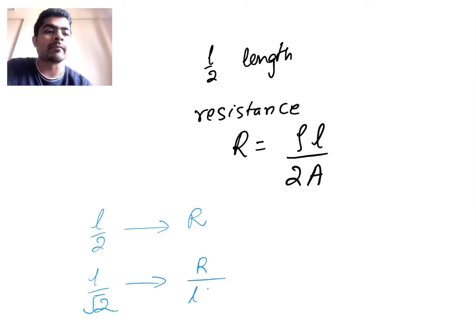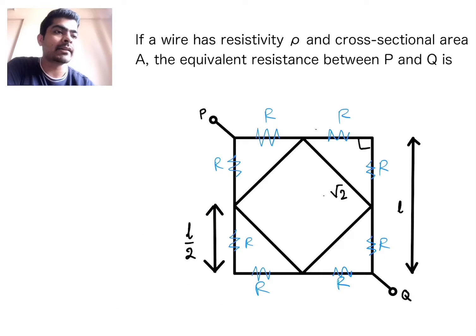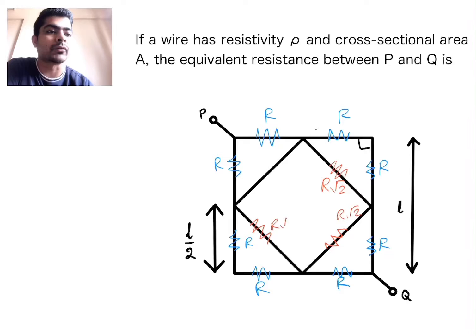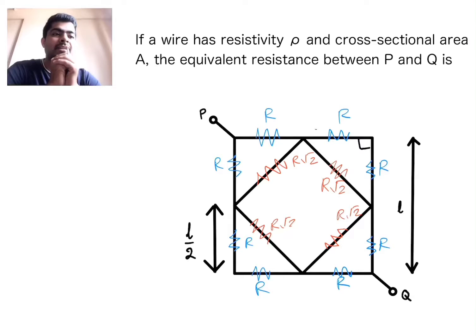R divided by L by 2, into L by root 2, so that comes out to be R times root 2. So we remove this length and put the resistors over there. Here we get R root 2, here also R root 2, similarly here also R root 2, and here also R root 2. So we found all the resistors in our circuit.